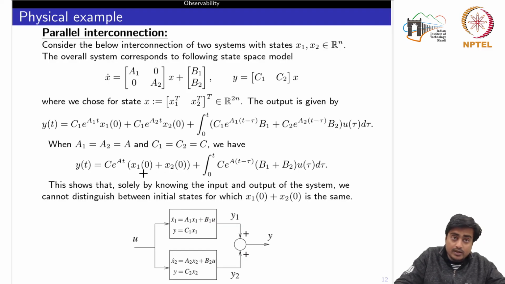Whatever I would compute, let's say all the conditions of observability have been satisfied, and I have been able to compute this x, but that x would be the summation of both the states, and the concept of observability says that I need to know x1 and x2 individually, right? And here I am getting the summation. So whenever you have this parallel interconnection, the system might not always be observable.